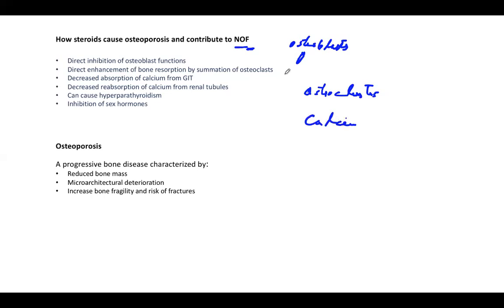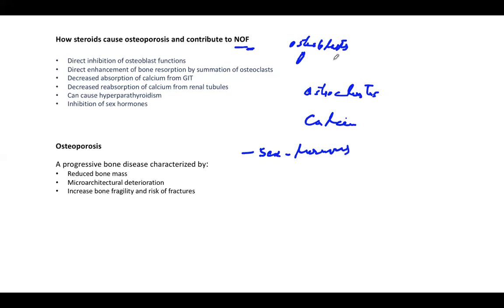There are also several hormones like parathyroid hormone, but they act through osteoblasts and osteoclasts, and there are also estrogen and testosterone, the sex hormones.